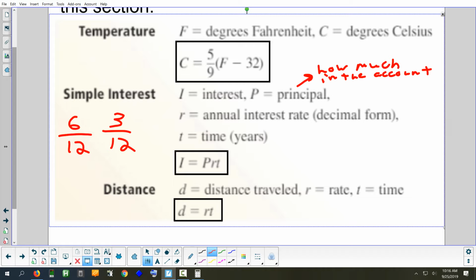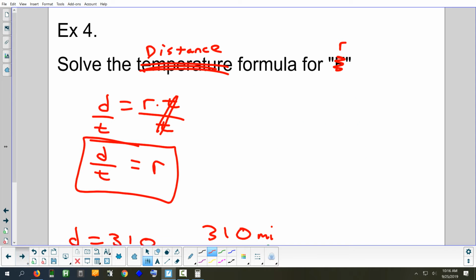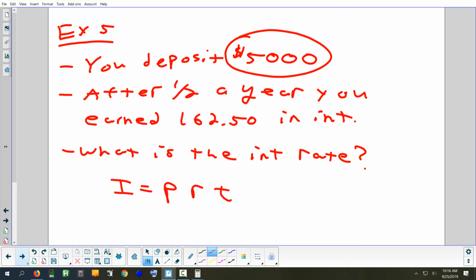The principal is $300. If you want to buy a car and you take out a loan for $5,000, the principal on the loan is $5,000. That's what it starts at. So what do you think the $5,000 is? Your principal. That's how much is in the account. You put $5,000 in. Principal is what letter? P. Yep.